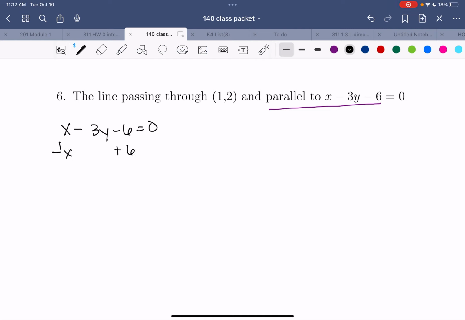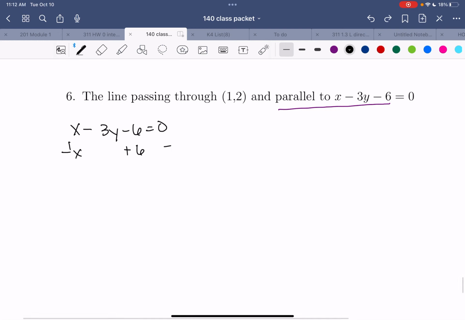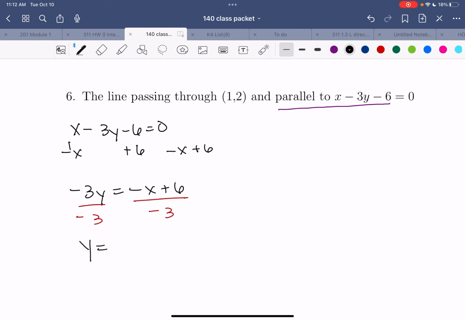Add the 6 to both sides. So that's going to give us negative 3y equals negative x plus 6. Divide both sides by negative 3. So that's going to give us 1 over 3 times x. The negatives cancel out. And 6 over negative 3 is negative 2.